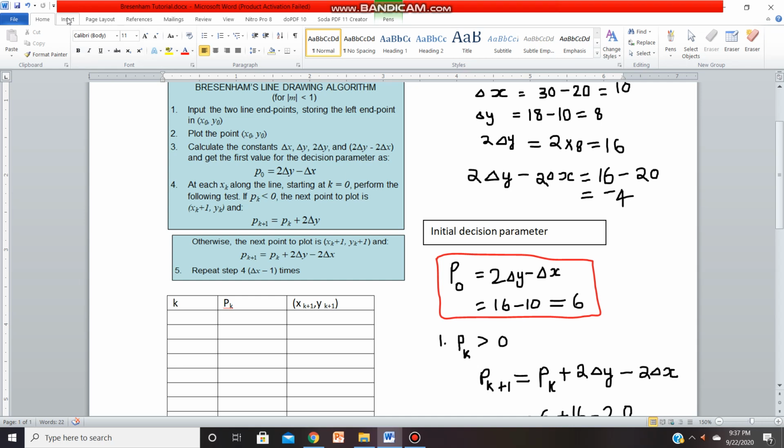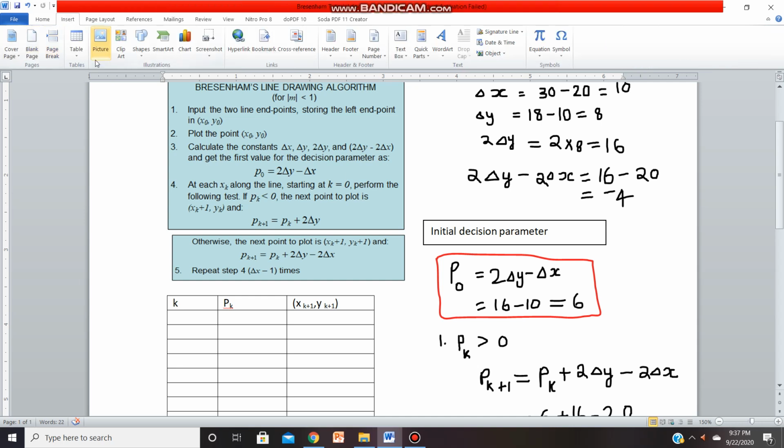Okay, we can fill this value in here. So k takes the value 0 and Pk is P0, that value is 6. We notice that this is a positive value.